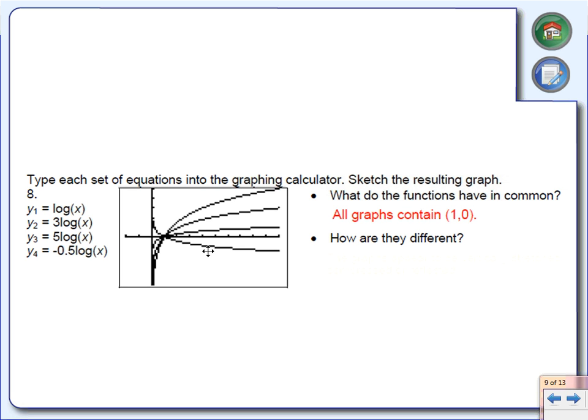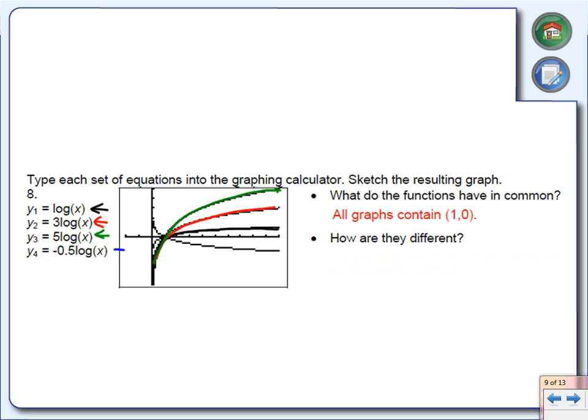How are they different? What do you notice different about them? Well, look, guys, it's kind of hard to tell, but this graph right here is going to be that graph there. The second one is going to be this graph right here. The third one, that's going to be this graph right here.